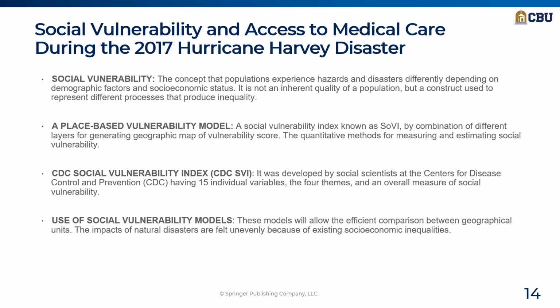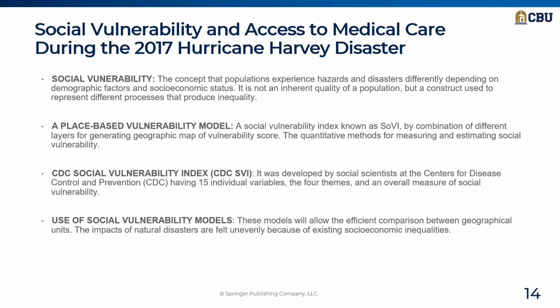The CDC, the Centers for Disease Control, developed a social vulnerability index in 2007 that uses 15 census variables, basically census data that's collected across the country. They use 15 variables grouped into 4 themes.